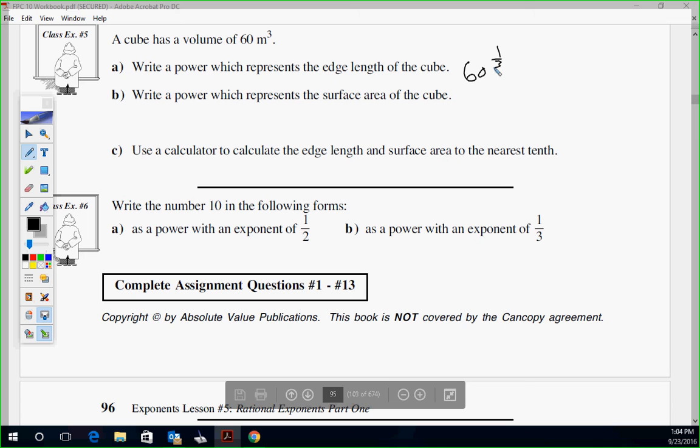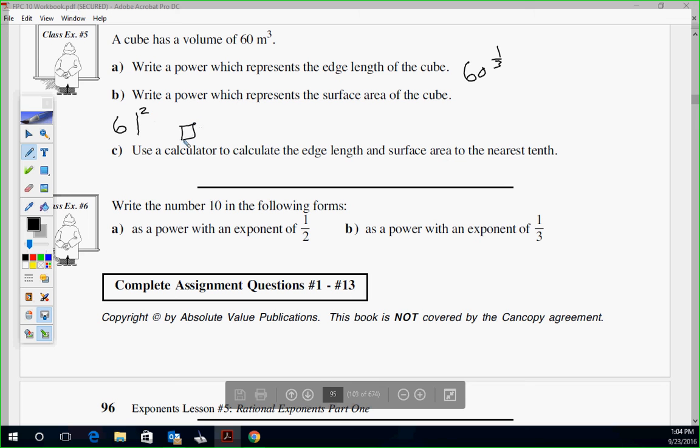Write a power which represents the surface area of the cube. So how do you find the surface area of a cube, though? Well, there are 6 faces on a cube. Think about a die, right? And each one is length squared. Okay, the edge squared.